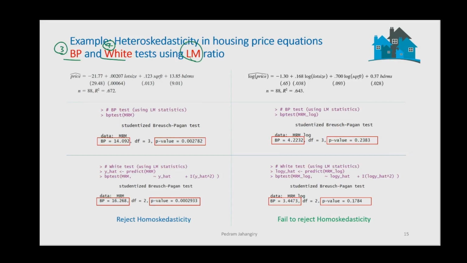So this is the author of the package, and by the way, we're going to use the package for BP tests. It's called lmtest. In our face-to-face class, I'm going to go over that package. So we have to install it first, and then call the library, and then you can use this function, bptest, right? The author of the package decided to put some default values in the function.